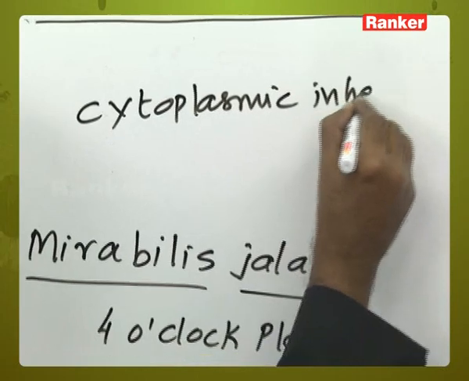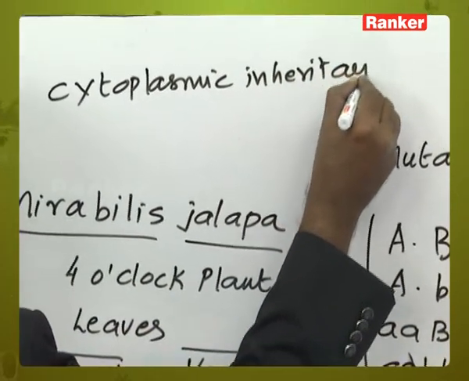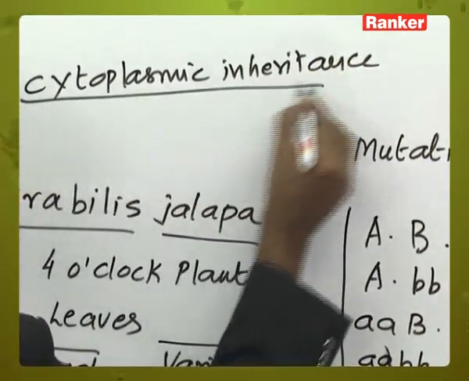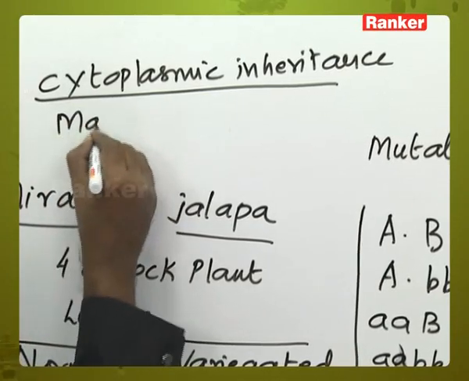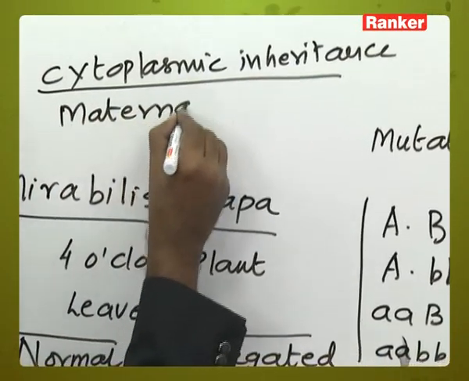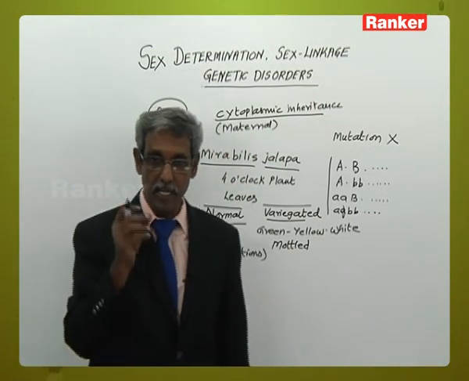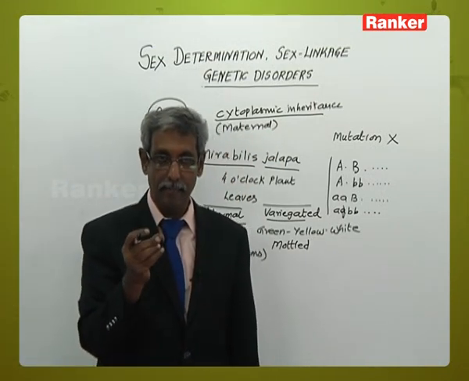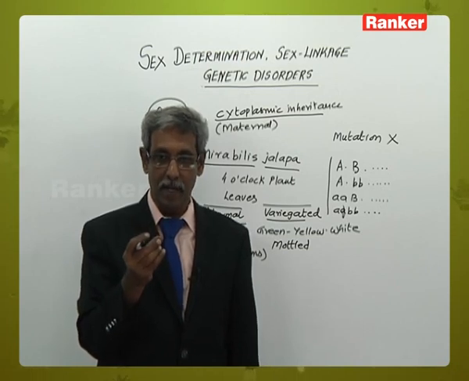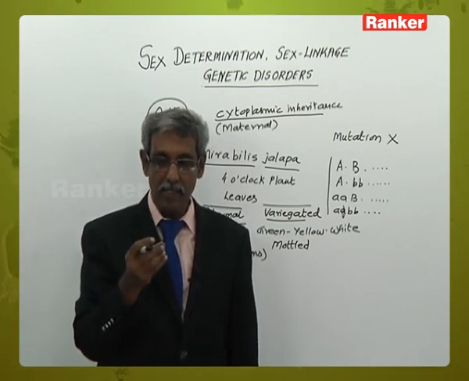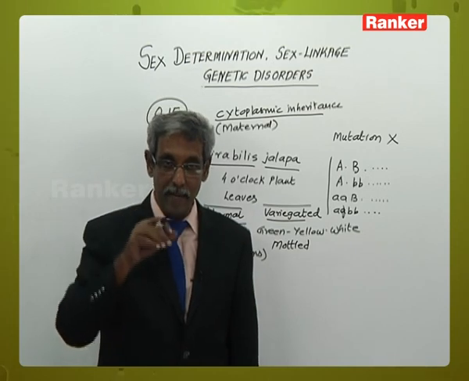Cytoplasmic inheritance or maternal inheritance is a pattern of inheritance wherein the genes for coloring, that is the chloroplast genes, get mutated, and the chloroplast genes are transmitted through the female line.